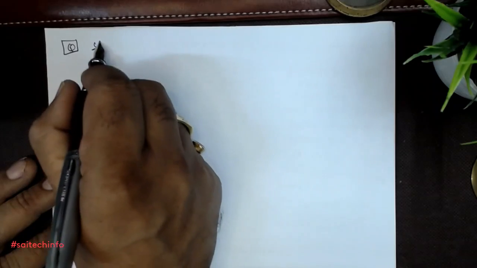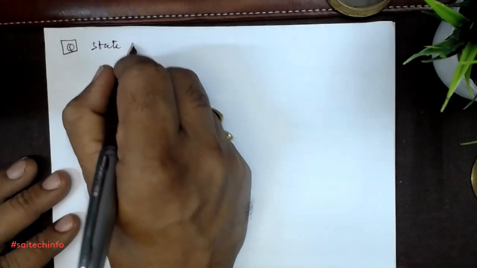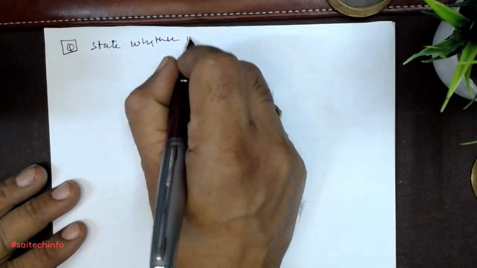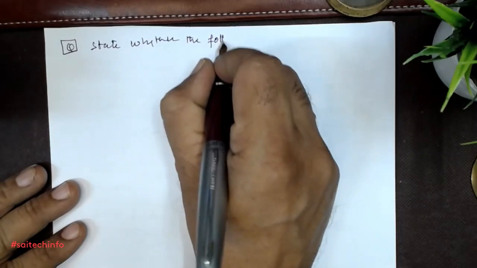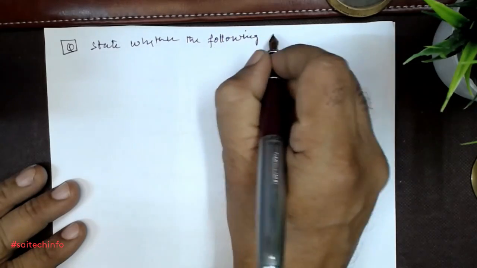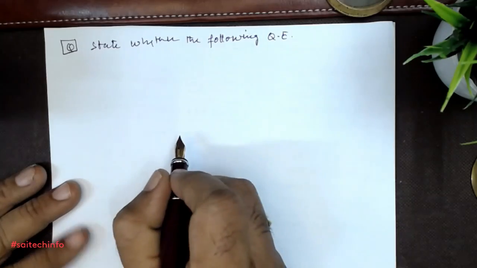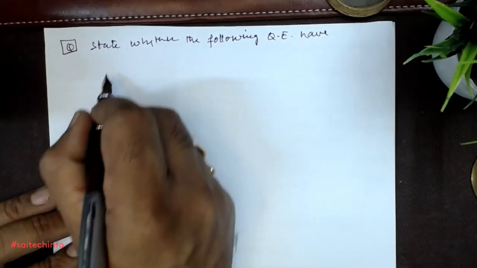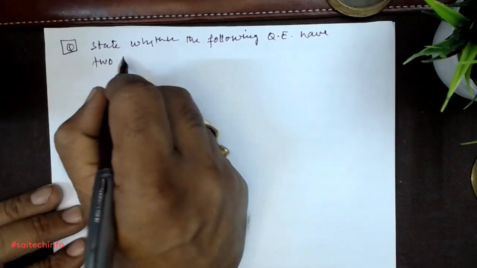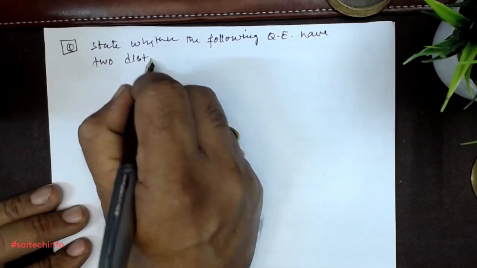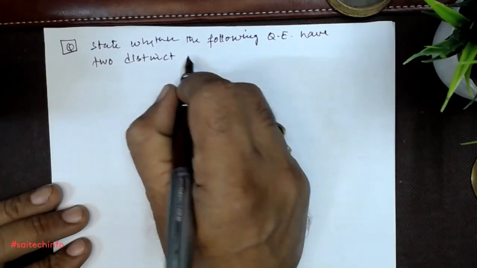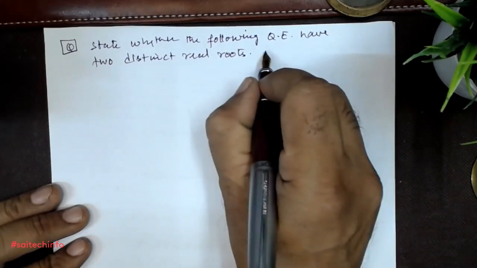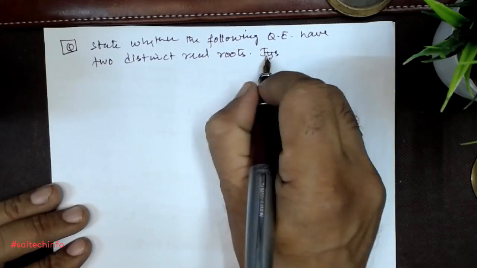State whether the following quadratic equations have two distinct real roots. Justify your answer.